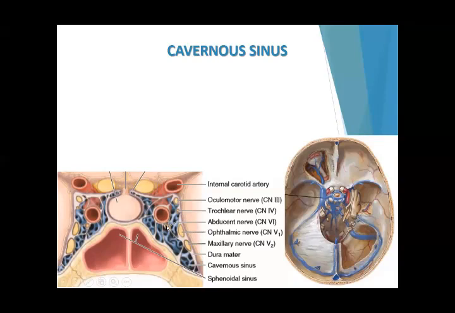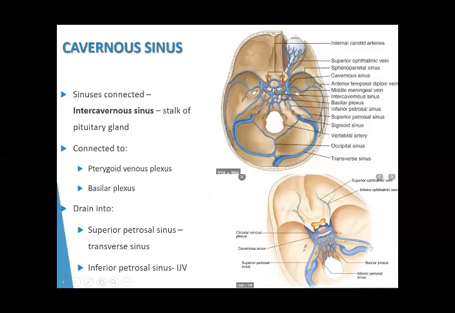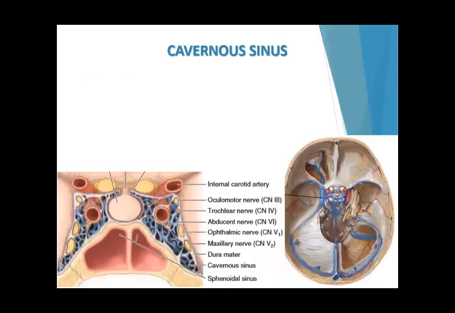ठीक है? Substances within, structures within the substance. I repeat once again, inside the cavernous sinus. Internal carotid artery, surrounded by its nerve plexus, and then you also have the sixth cranial nerve. ये अब ये देख लीजिए lateral wall में.